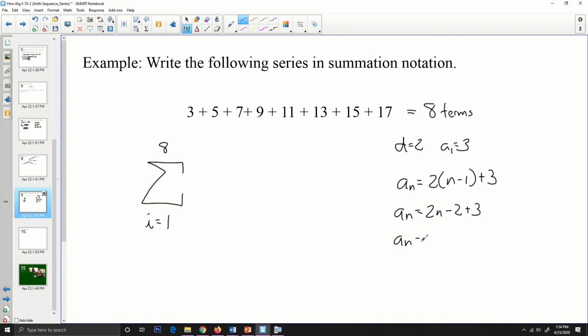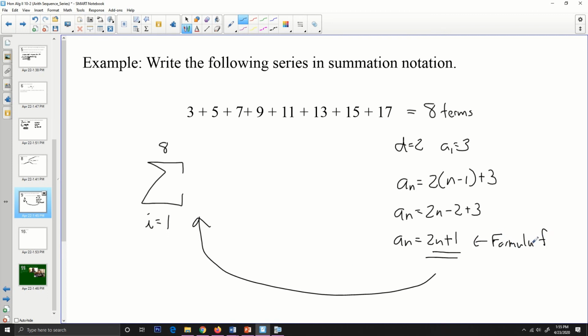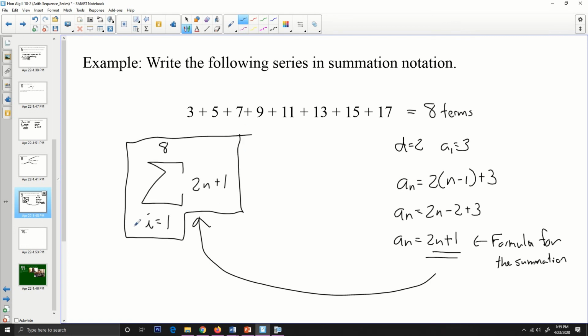So I get a sub n equals 2n minus 1, or actually it should be plus 1 as my final answer. And so this expression here is your formula for the summation. So it'll be 2n plus 1, and that is my final answer for writing that series in summation notation.